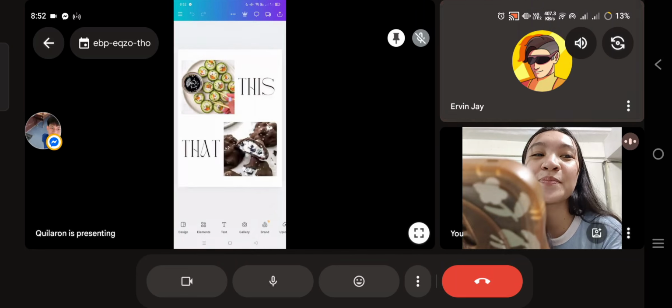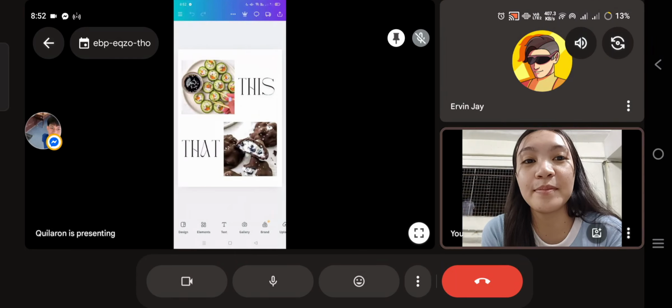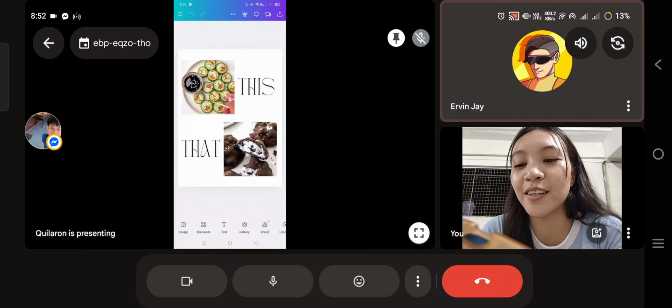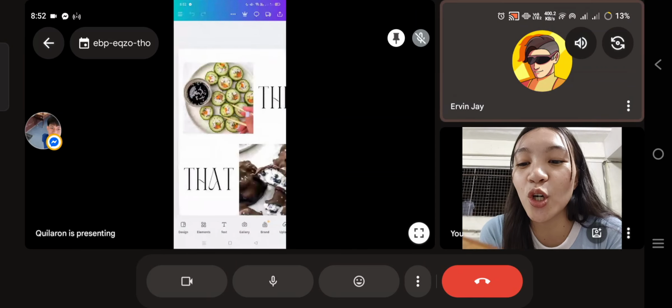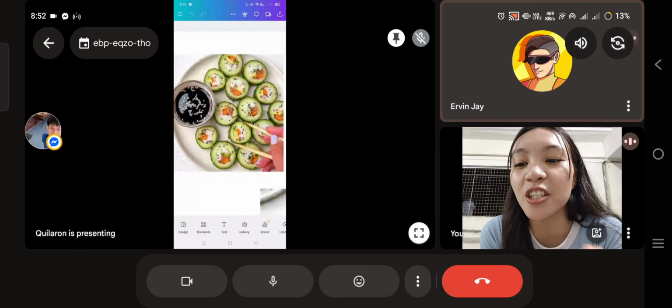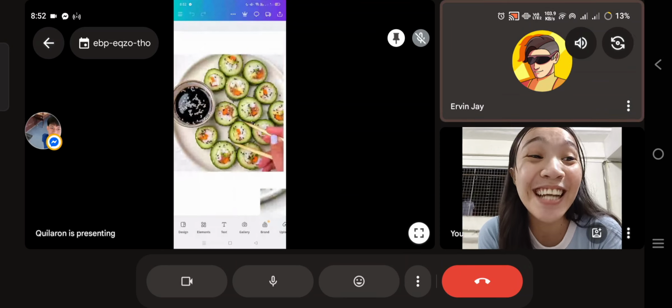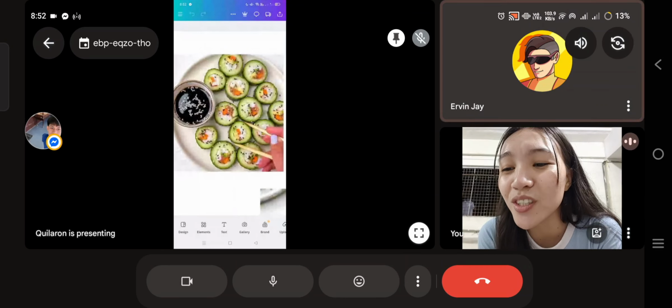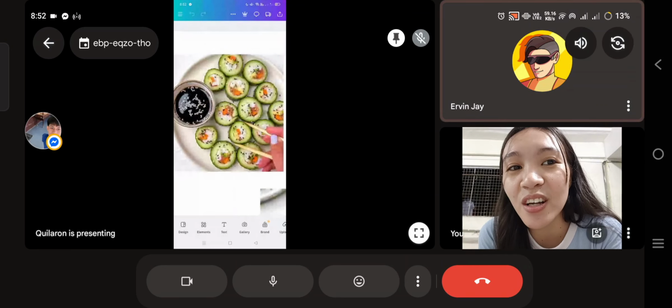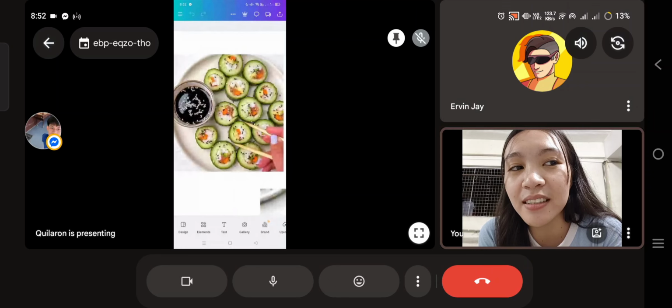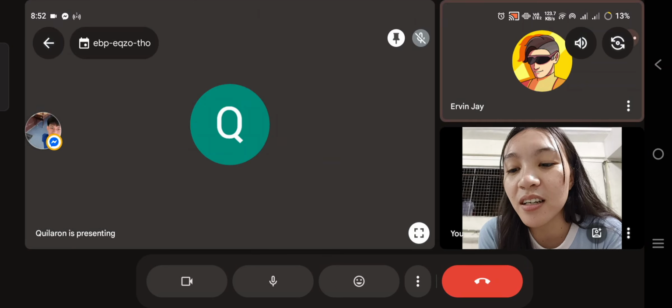Next question. Okay, let's zoom in. Cucumber with rice, carrots, and cheese. This one. You don't want to choose this? I don't want this, it could cause tonsillitis. Okay, fine.